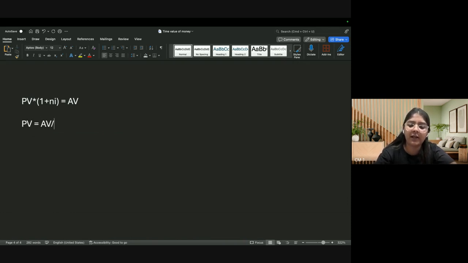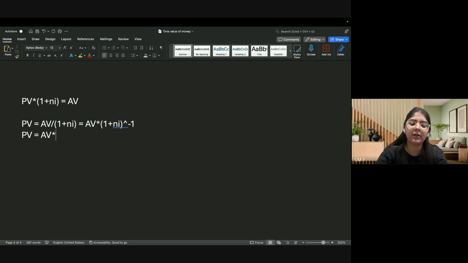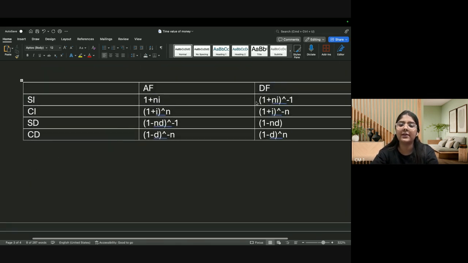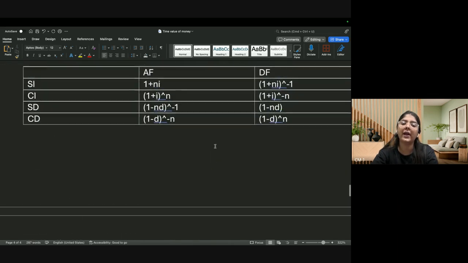Accumulated value divided by 1 plus ni, which you can write as accumulated value multiplied by 1 plus ni raised to the power minus 1. So this becomes your discounting factor. So you have proved what you have written: 1 plus ni raised to the power minus 1 is my discounting factor. Similarly, you can prove for every equation here.